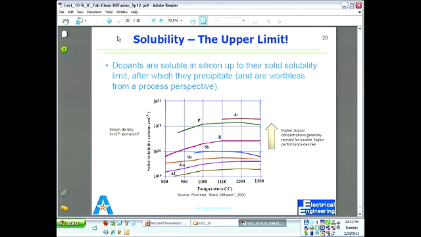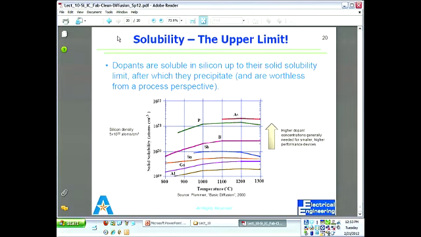Solubility. Again, there were just 20 slides last week. So solubility is shown with temperature in silicon: which element would be soluble at what temperature. Depending on what concentration we want to achieve, we'll have to use that temperature in diffusion.